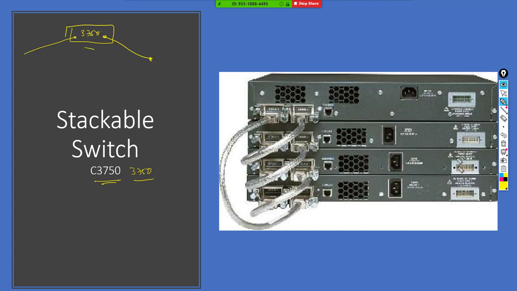But when I have a stack, out of four devices, one is going to be the master, and the rest are going to be slaves. Okay, and this is the cable orientation. The first one comes over here, the second one goes somewhere here, and from this we get it here, and so on. We just interconnect them. Now all the rest are slaves, this is the master.